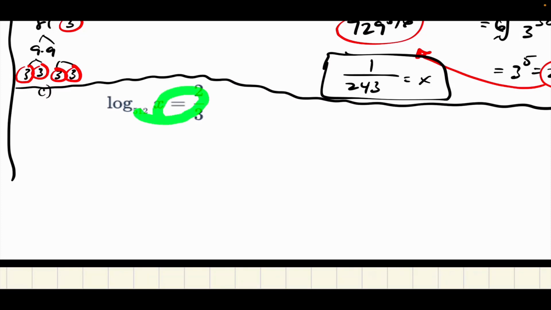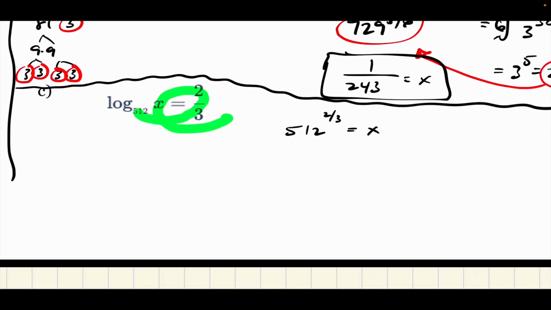Missing the answer, so I'm going to change it to an exponent. So 512 to the 2/3 equals x. Positive power, so I don't have to move it. Leave it like that.